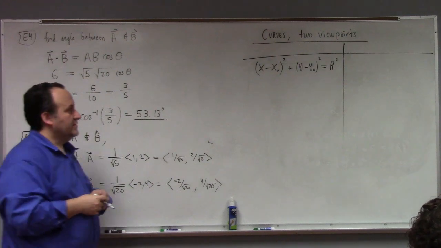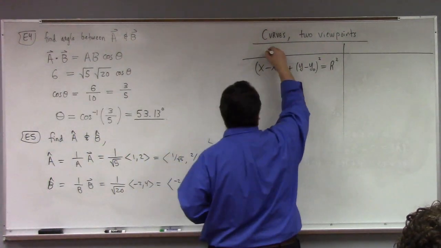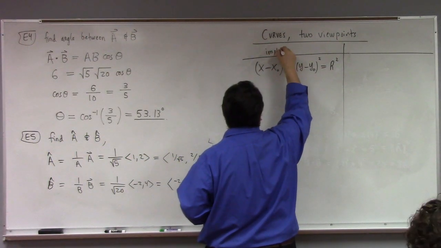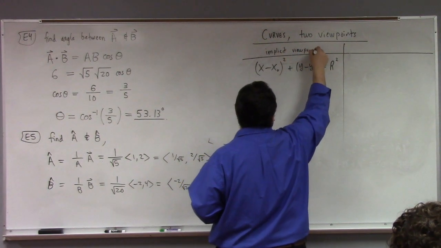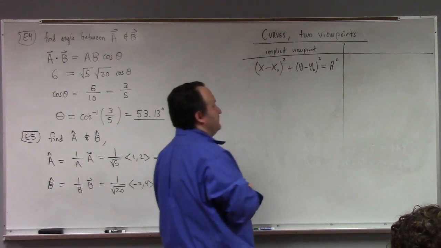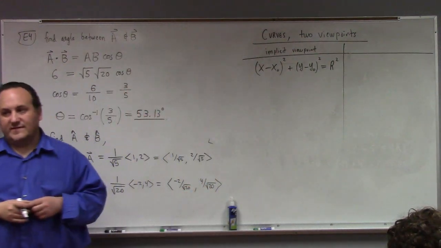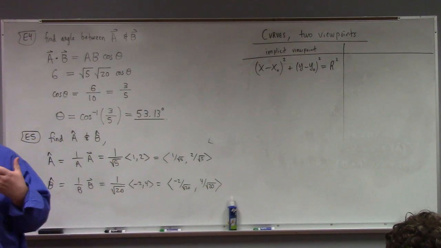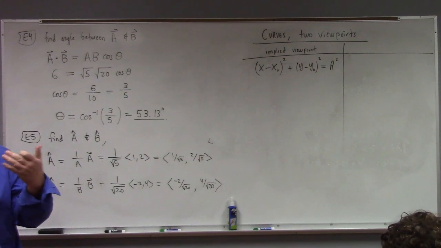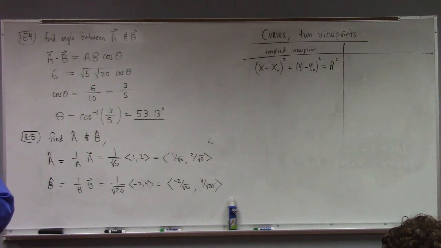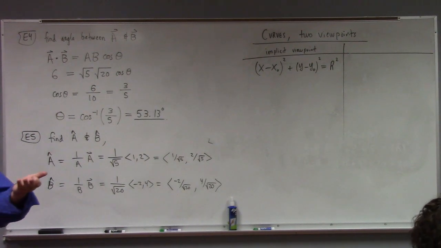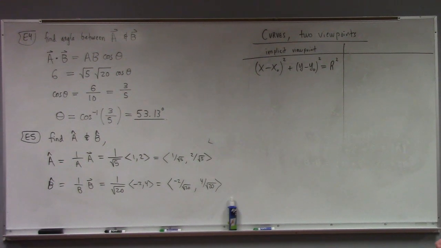I would view this as the implicit viewpoint. Implicit viewpoint in the sense of the interrelation of x and y, they're all intertwined in some equation, right? But you've studied this before, right? This is a circle, radius r, centered at x naught, y naught, right?